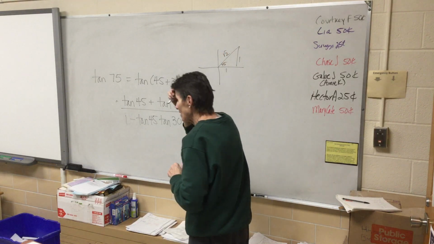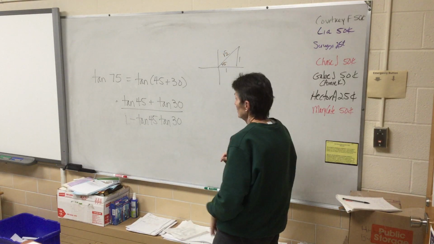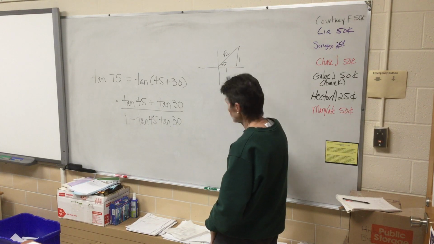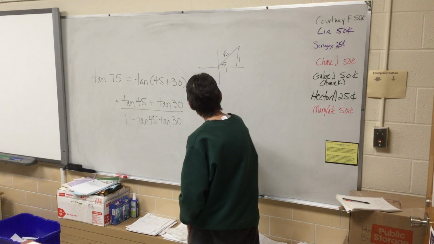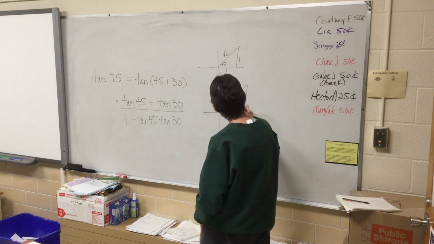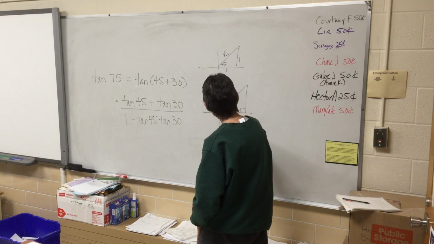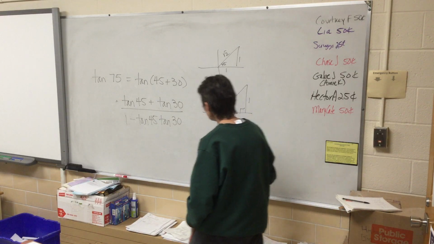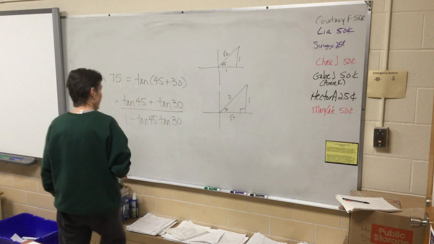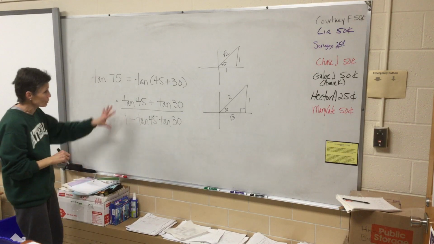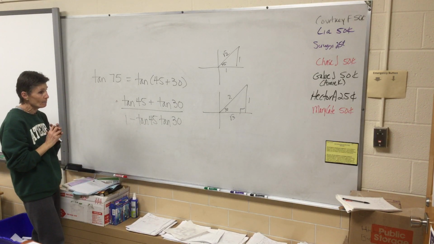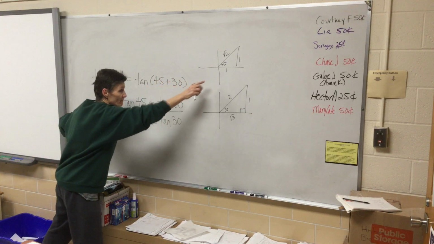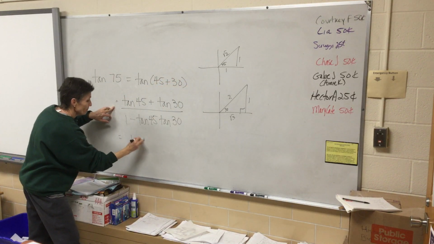Now, if you have that memorized, that the tangent of 45 is 1, that's fine. You don't need to draw the picture. But if you don't have that memorized, then you probably need to draw your picture. All right, so there is a picture of 45 and 30. Those are the two angles that I am using. So the tangent of 45 is 1.